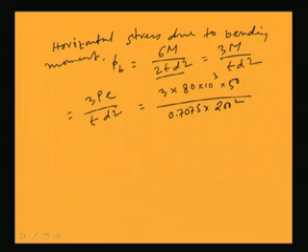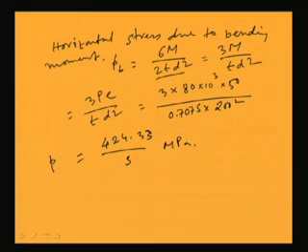So, after calculating this, we will get 424.33 by S MPa, right. So, we are going to get 424.33 by S. This is the stress due to bending, right. So, these two we are going to get.